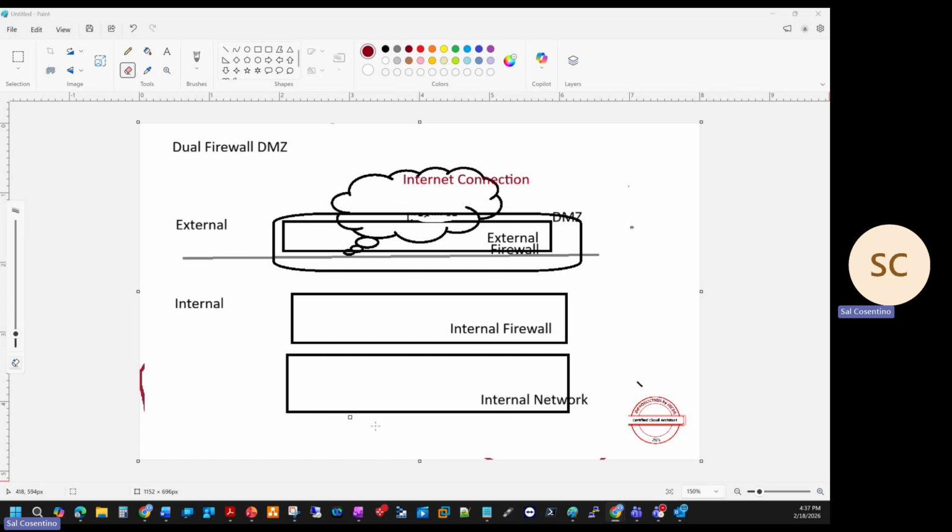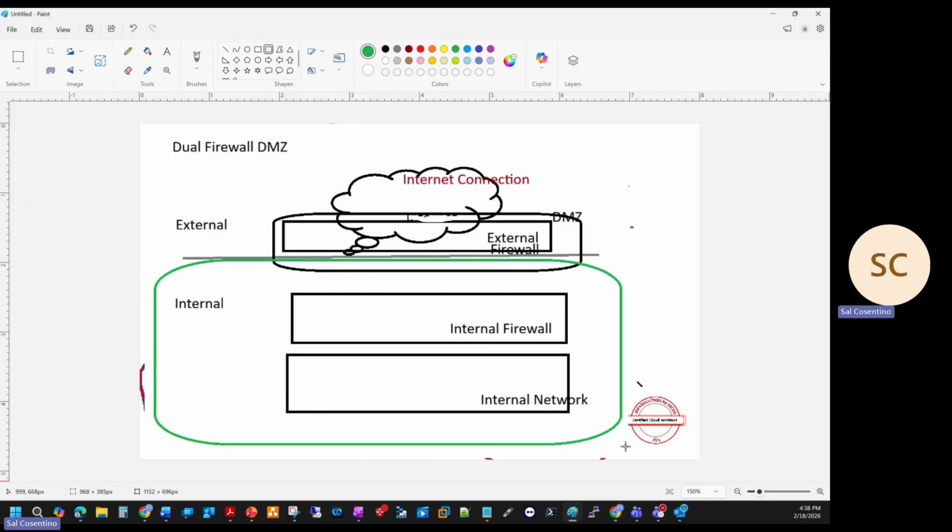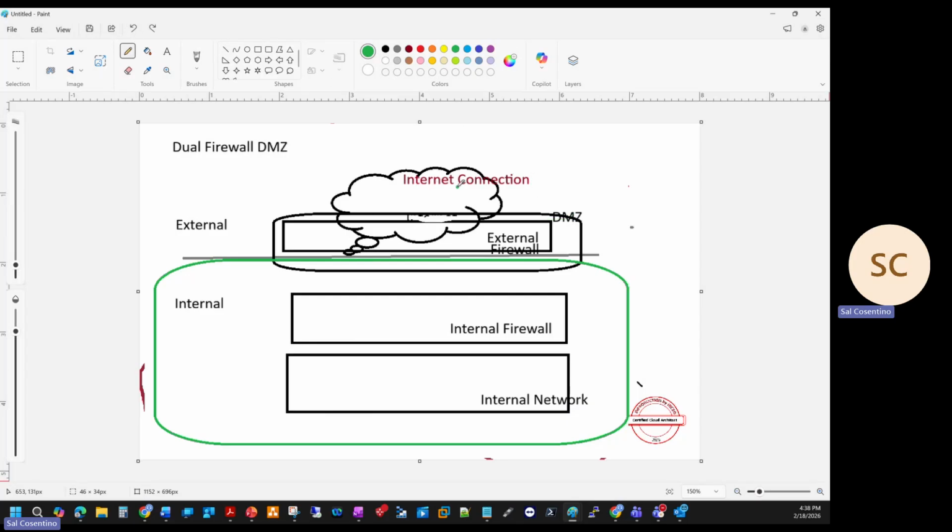You really don't want strangers from the internet, from your internet connections, to get to the treasure inside. So it's going to stay here and redirect back up. It's just going to go back. It's going to stop, and it won't allow you to get to the treasure inside.